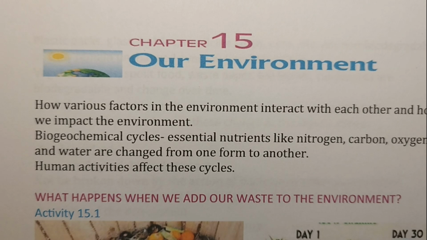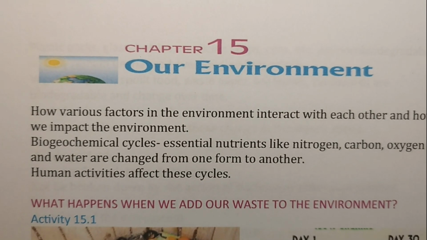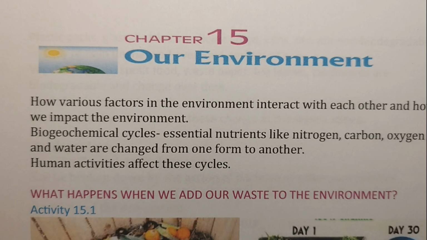This chapter is about how various factors in the environment interact with each other, how we impact our environment, and the various biochemical cycles that exist in our environment. They involve essential nutrients like nitrogen, carbon, oxygen and water that are changed from one form to another, and human activity affects all these environmental processes.